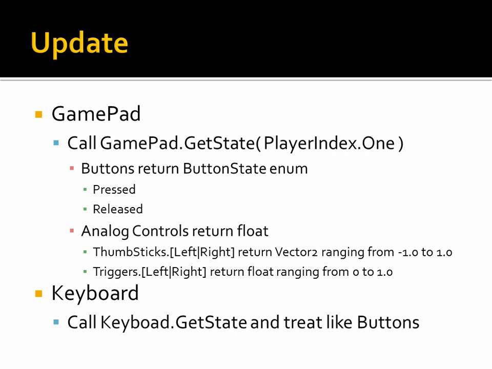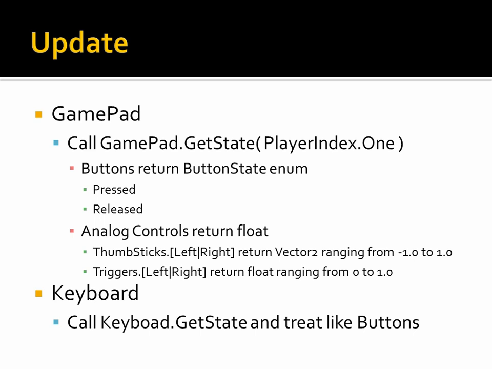You query the button state and you'll get back an enumeration that tells you whether it's either pressed or released. There is no on-click. I'll show you the code that does this, but generally speaking, you have to say if it is now pressed and on your last call to Update it was not pressed, then they pressed the button. So you actually have to manage that manually.